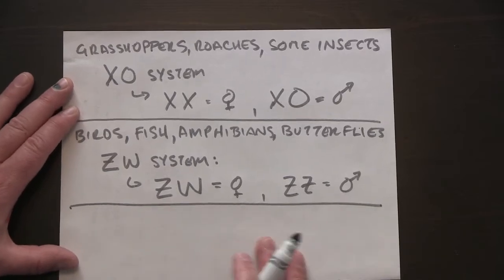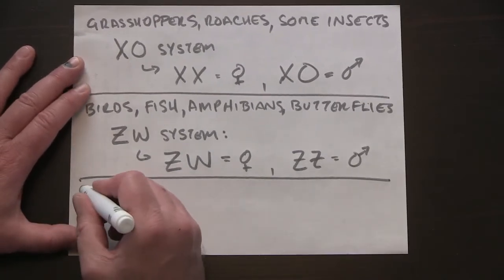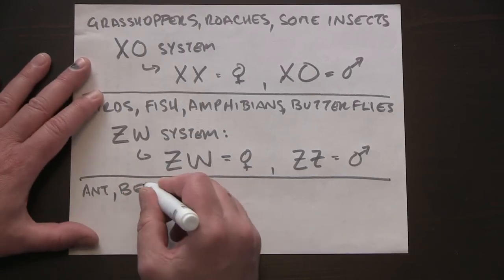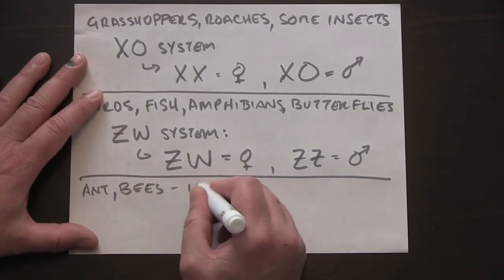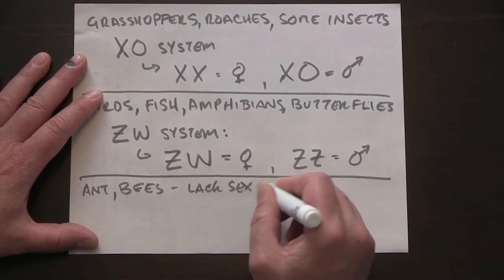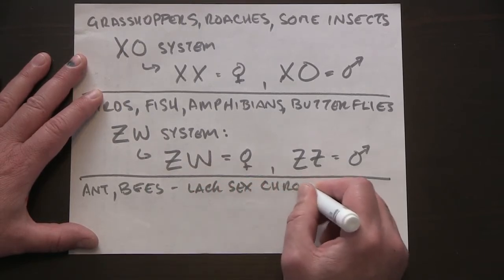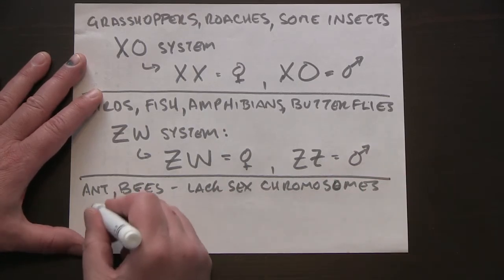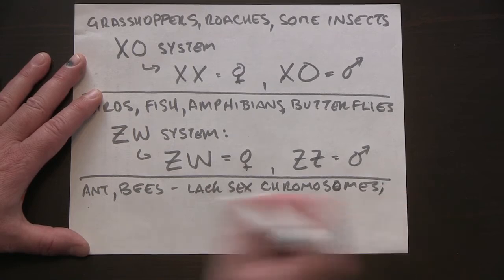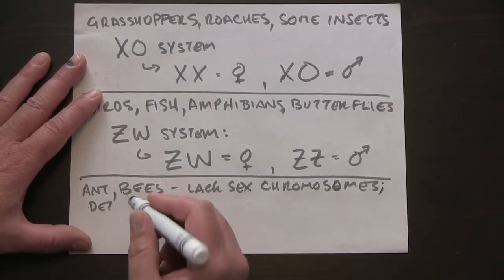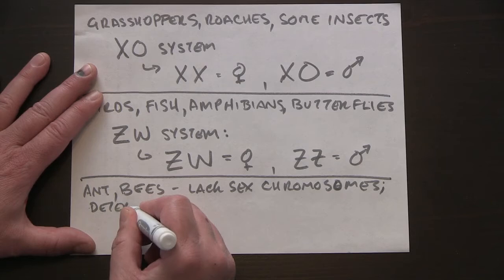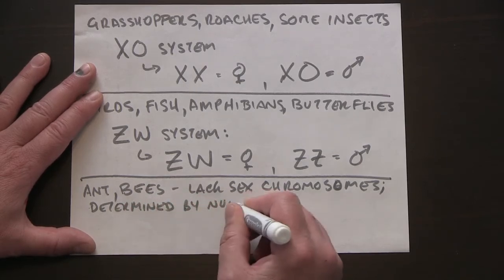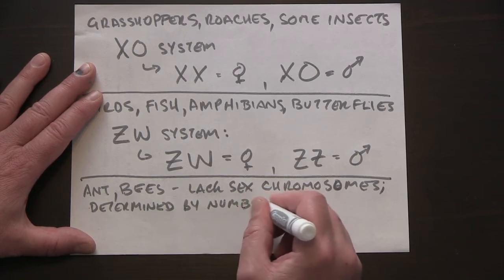And in some organisms, namely ants and bees, they lack sex chromosomes altogether. So sex is determined by the number of chromosomes, how many you have, if you're diploid or haploid.